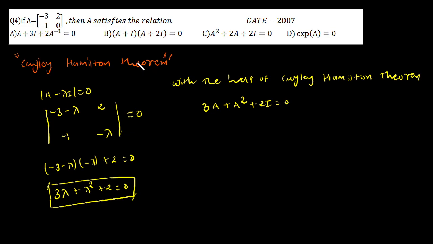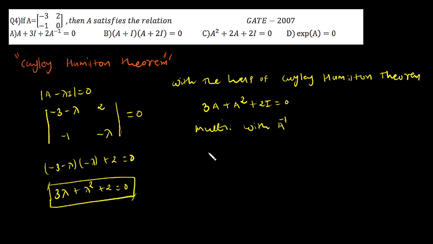So now look at option A. It looks similar, but here they have given it in the form of an inverse. So what we have to do is simply multiply this equation with the inverse on both sides. Let's multiply with A inverse.